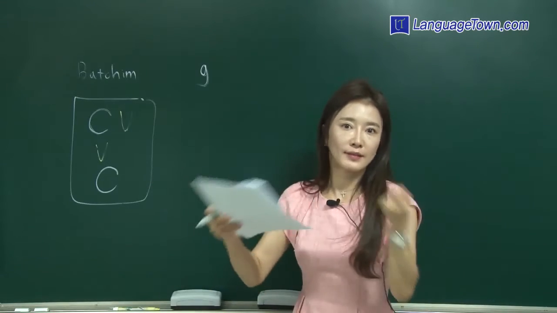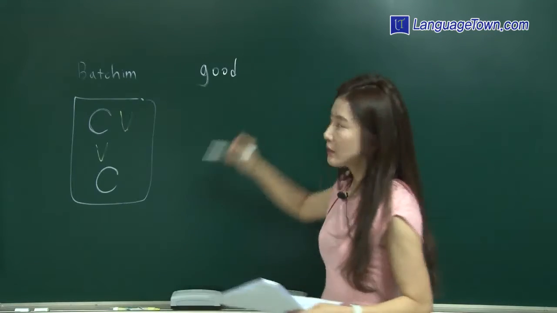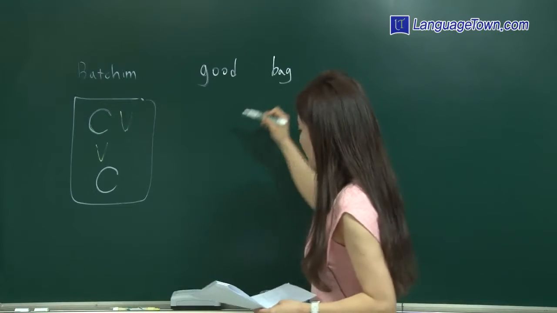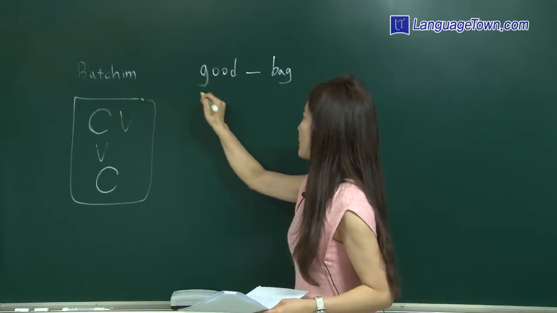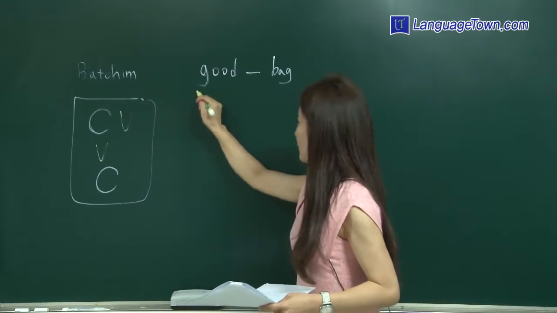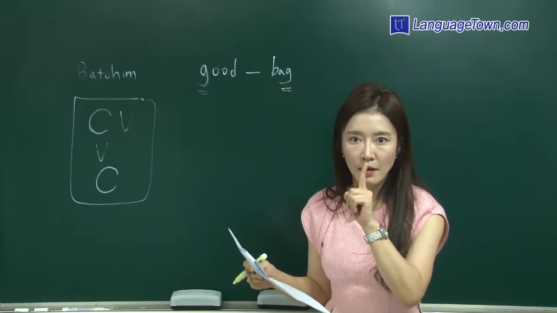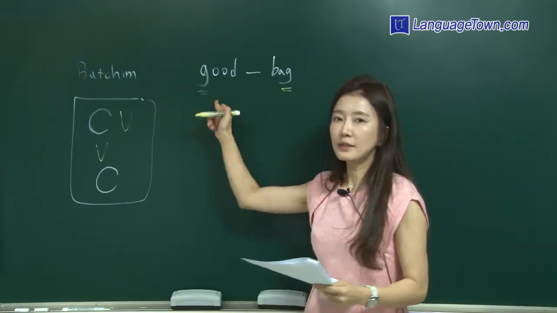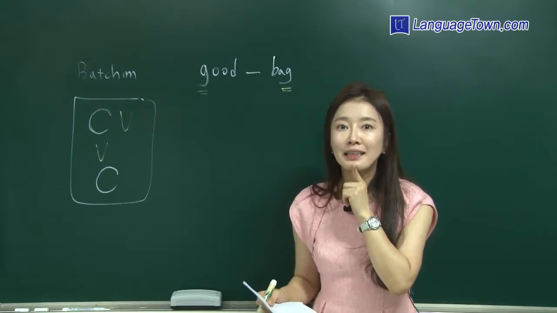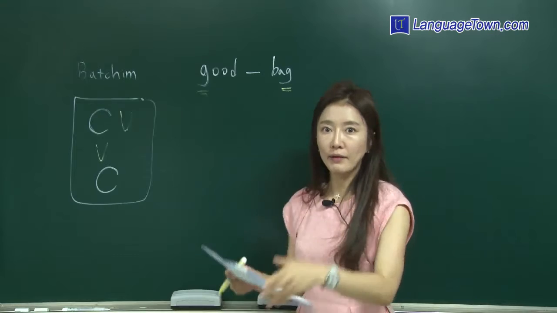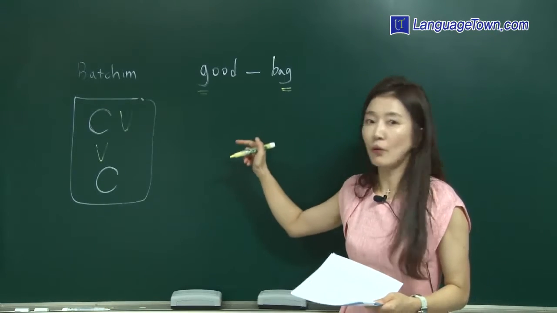For example, this and this. And focus on this sound. Same G, right? But when it comes first, it sounds like 그, right? Good. And then what about this sound? Does it also sound like 그? No, it's just bag.